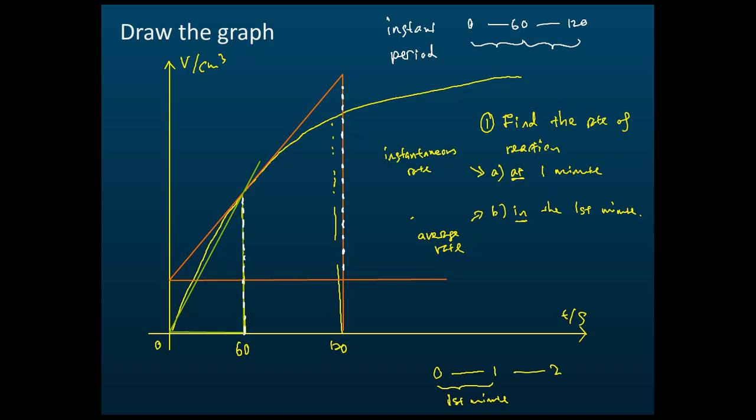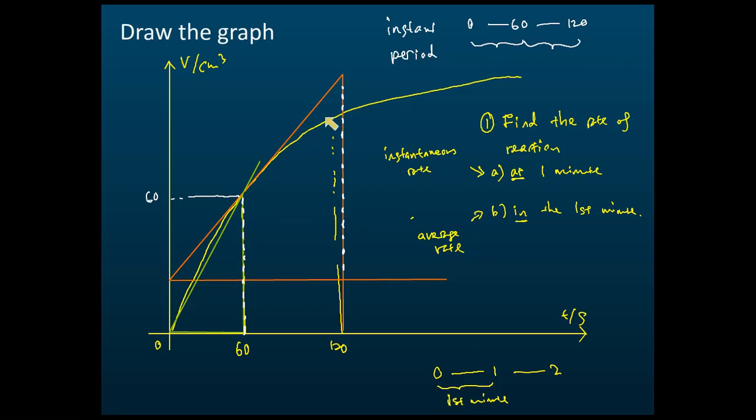But after you draw the dotted line, you still need to draw the tangent, and the tangent must be as big as possible, because without drawing the tangent you can't find the gradient. You cannot straight away take 60 divided by 60. That is not the gradient here. So for instantaneous rate, a rate at an instant at 1 minute, you find the point here and then draw the tangent.